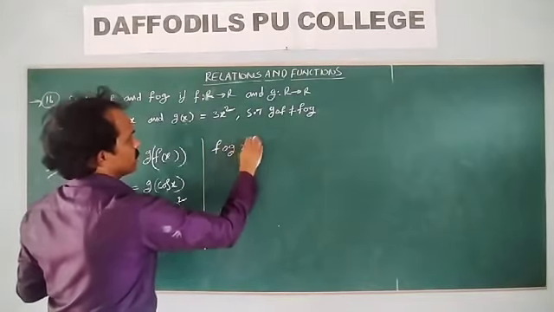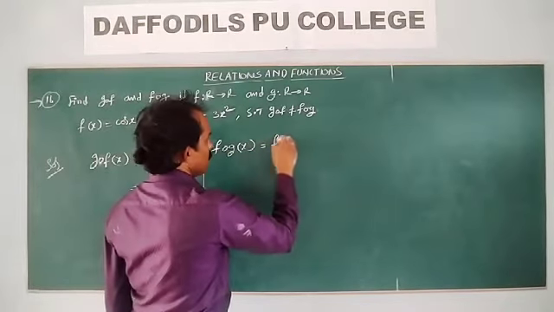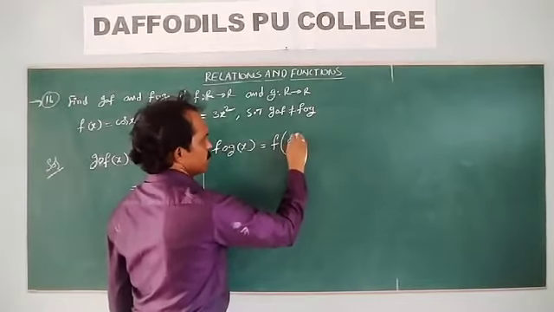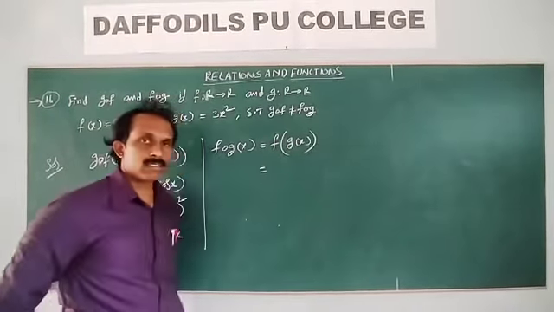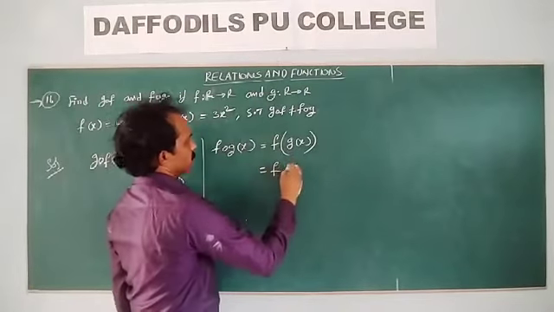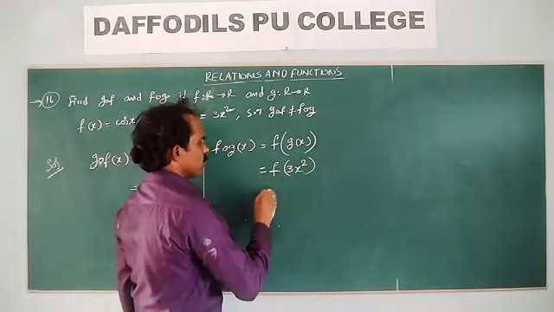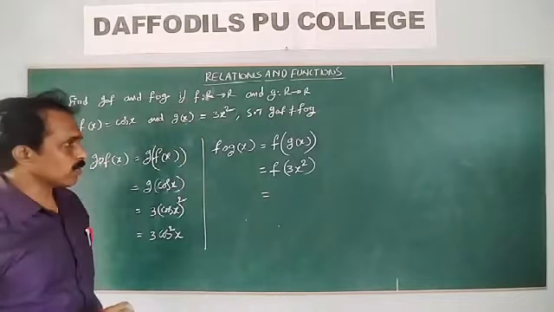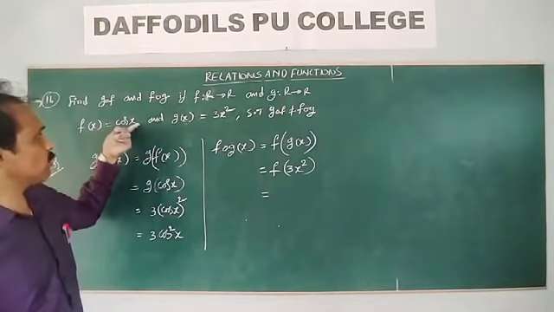f circle g of x. In the circle place, take bracket g of x. First of all, g of x is 3x square. Now consider the f function. f of x is cos x.